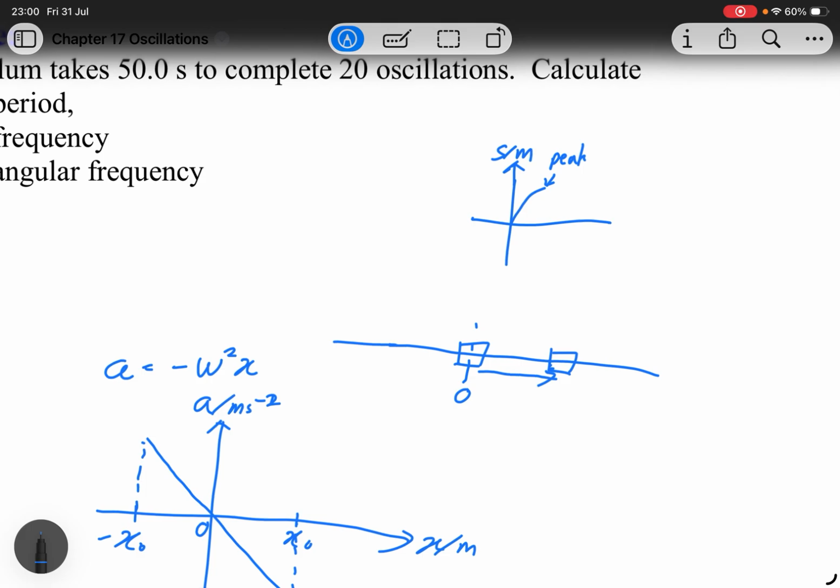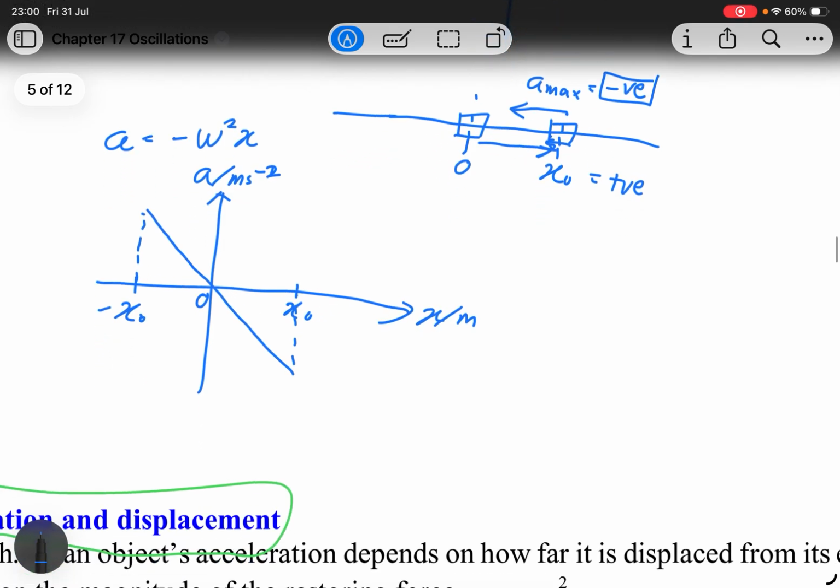At this point, called X0, we know that acceleration is also maximum in the opposite direction. So when X0 is positive, acceleration is negative, okay? So that's why you get this.